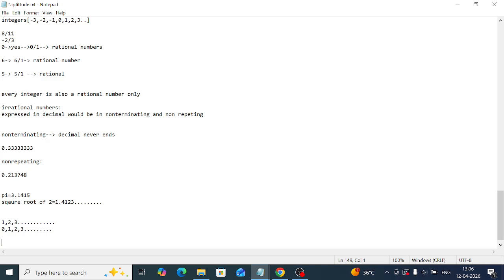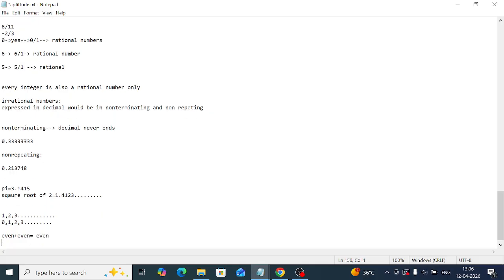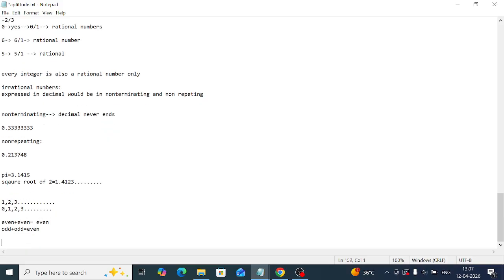Even plus even is equal to what? Even will come. For example, 2 is an even number, 2 plus 2 is 4, which is an even number. Odd plus odd: 1 and 3 are odd, 1 plus 3 is 4, which is even.